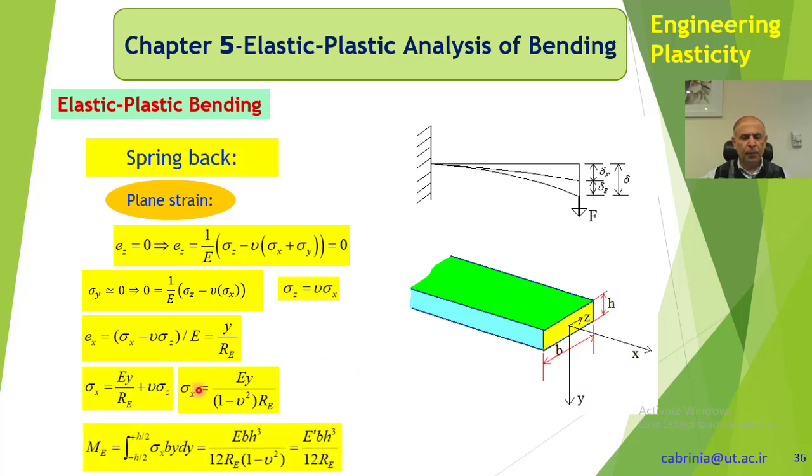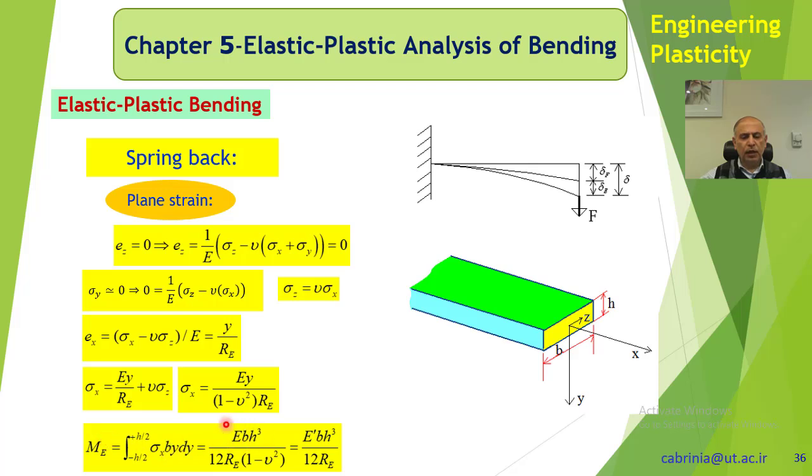And what is the bending moment? Bending moment, of course, is the integral of sigma X times B times dy times y. B times dy is the area of the element which we take here, and sigma times B times dy becomes the force, and times the y distance gives the bending moment.